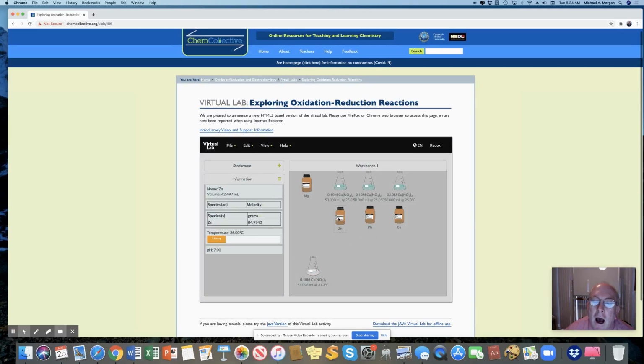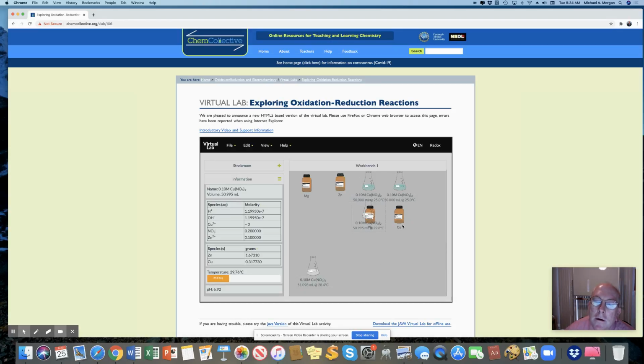Okay, now I'll do the same thing for zinc. Into the next flask, I'll add the exact same amount, 2.0. Okay, I'm going to pour. Close the bottle. I'll bring that down here.